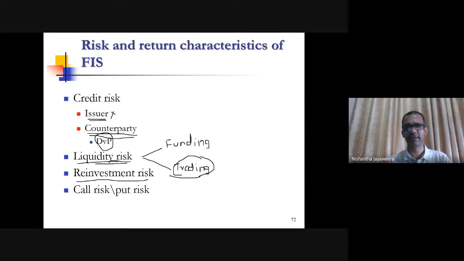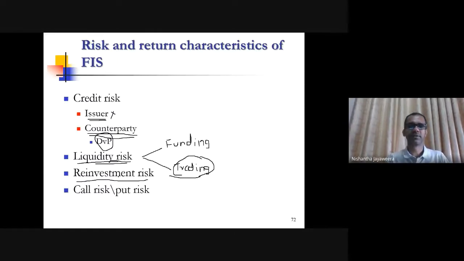But by that time, interest rates might have moved against you. Now the interest rates are much lower than the yield to maturity prevailing in the market at the time of purchase. So you face that reinvestment risk.